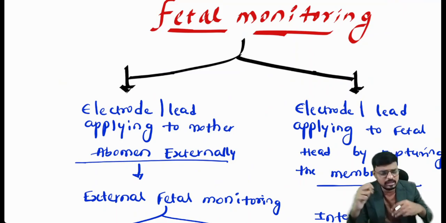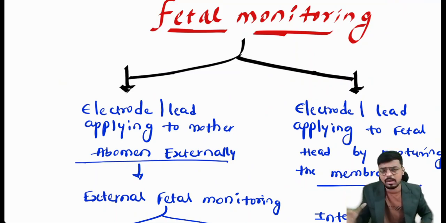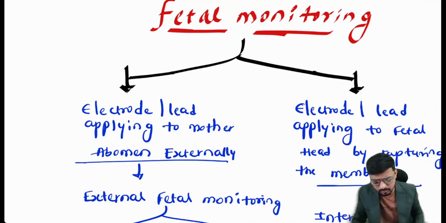We are not doing any invasive procedure, and we are not directly touching the uterus or the fetus. We just apply the electrodes externally. These transducers measure the fetal heart rate and the contraction of the uterus. That is what we call external fetal monitoring.